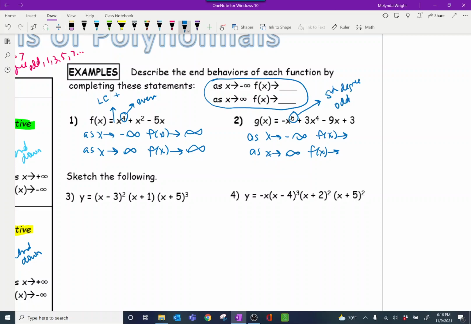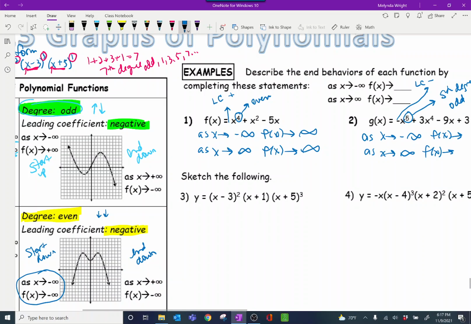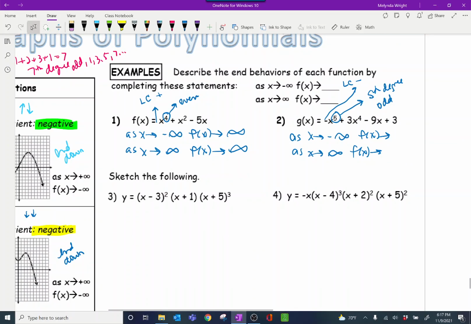And the leading coefficient in this case is negative. So we've got odd, negative. Let's go back and refer to here. Odd, negative starts up and ends down. So as x goes to negative infinity, y goes to infinity. And as x goes to infinity, y goes to negative infinity.